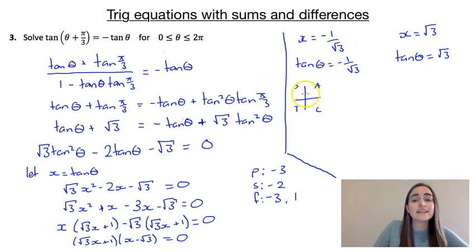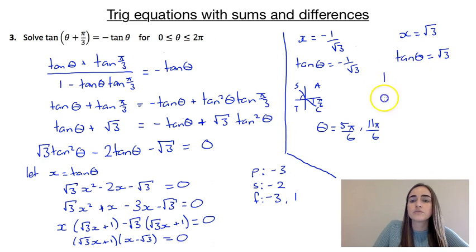We know that tan is negative in the second and fourth quadrants. And if we've got 1 on root 3, then our related angle is going to be pi on 6. So that's going to give us theta is equal to 5 pi on 6 for this one here, or 11 pi on 6 for this one here.